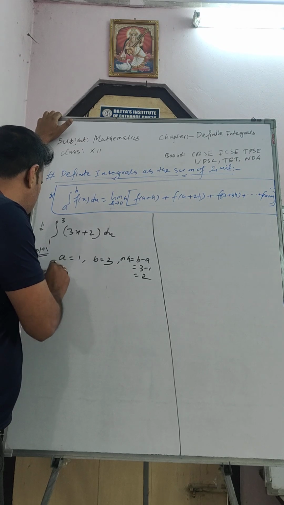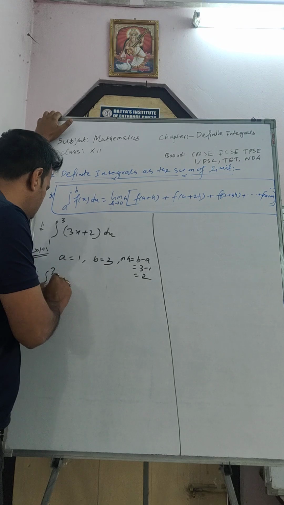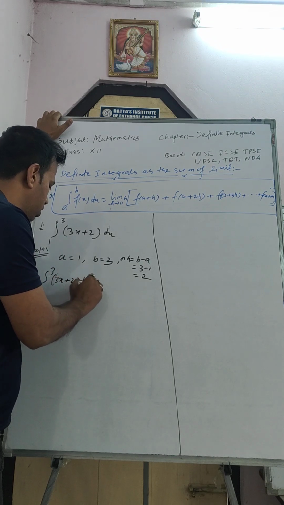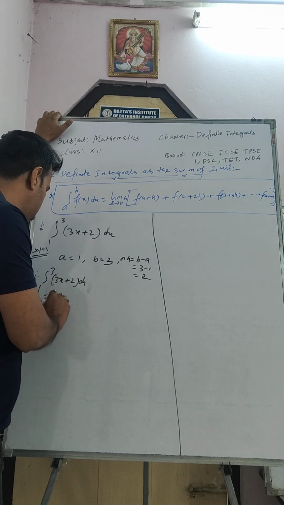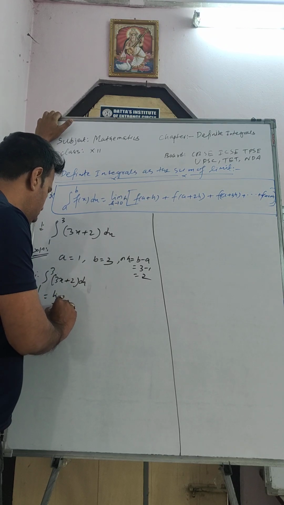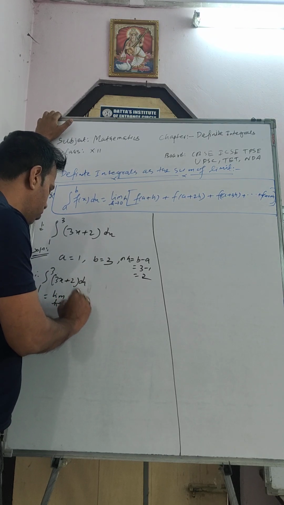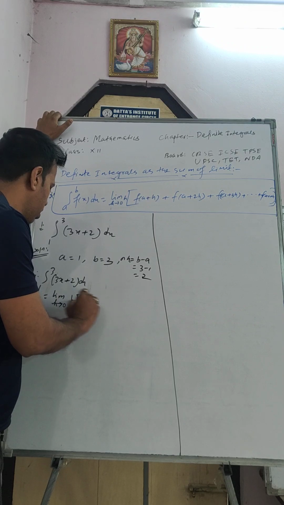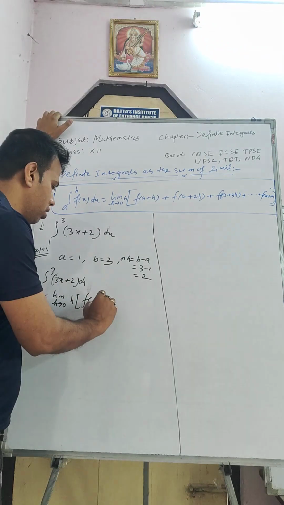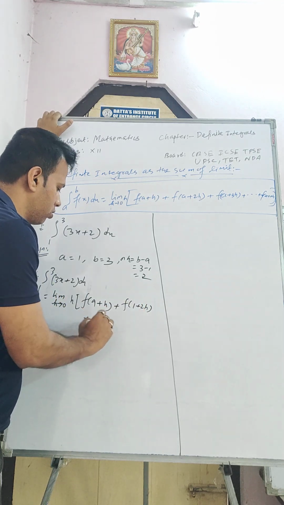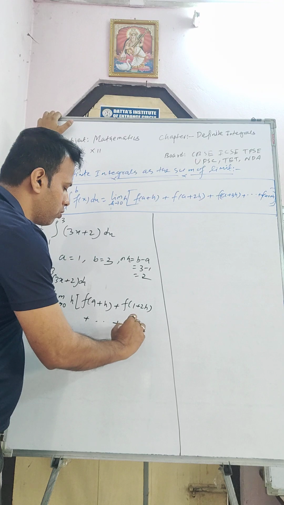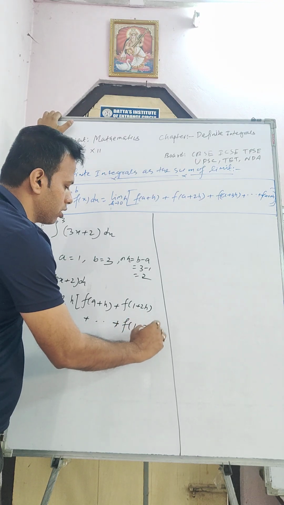Now we can write the integral from 1 to 3 of 3x plus 2 dx is equal to limit h tends to 0 of h into [f(1+h) + f(1+2h) + ... + f(1+nh)].